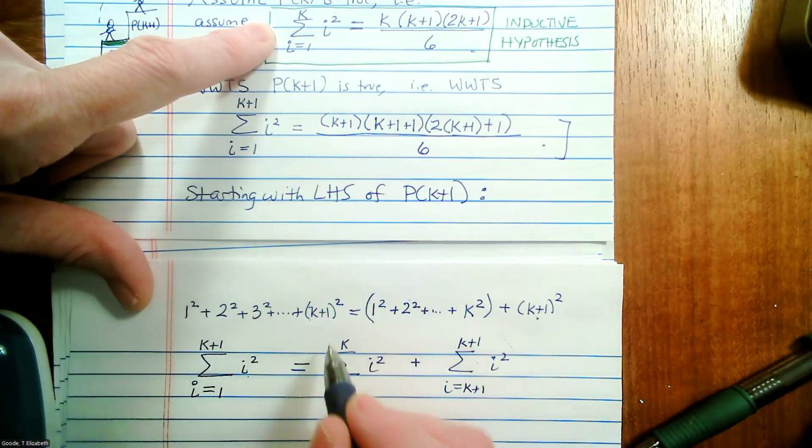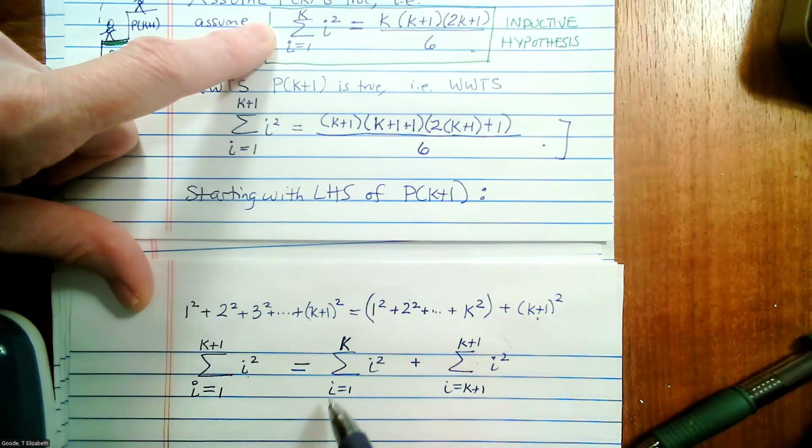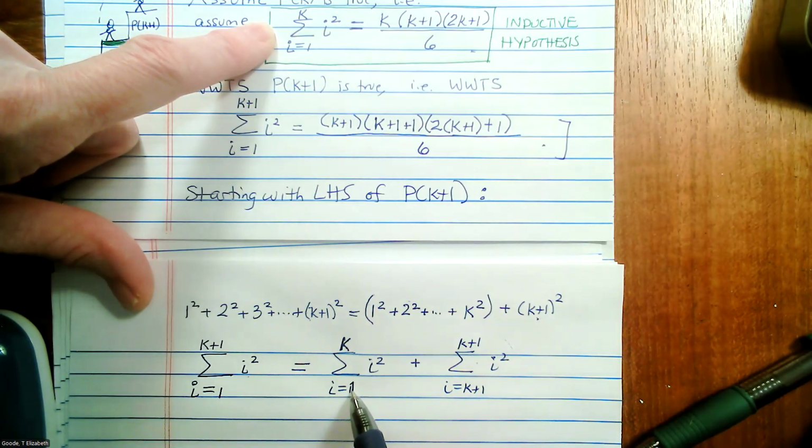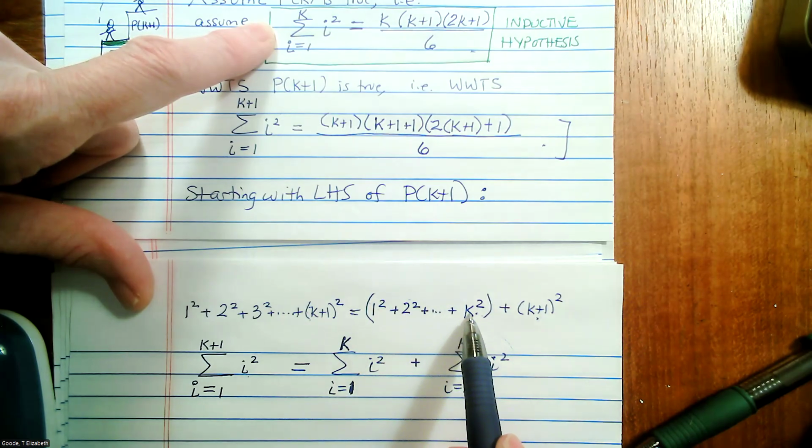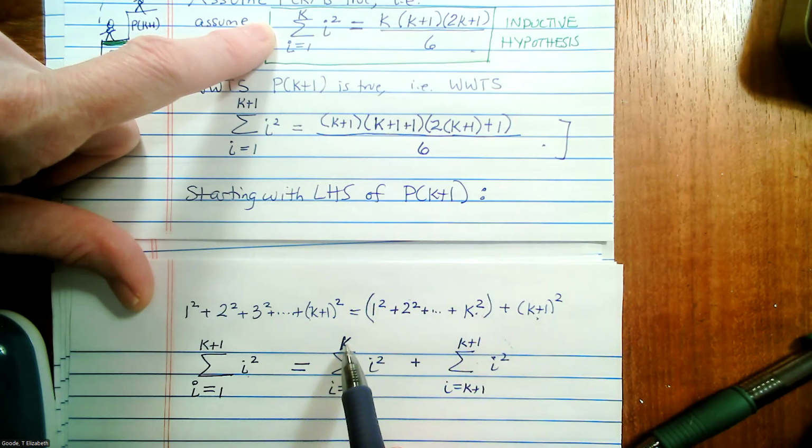Yeah. And what a lot of students don't seem to understand initially is that the sum from I equals 1 to K is not just K squared. It's 1 squared plus 2 squared plus all the way up to and including K squared. See, this K could be a gazillion.